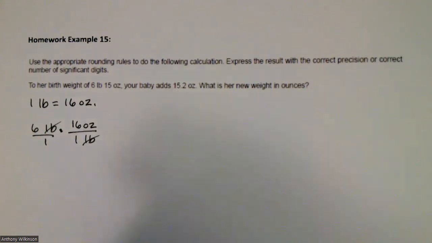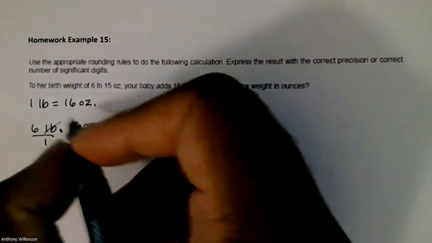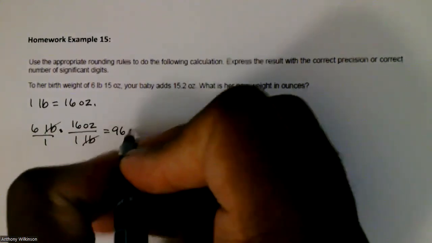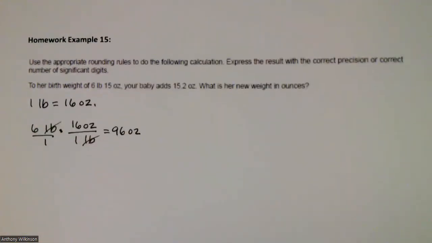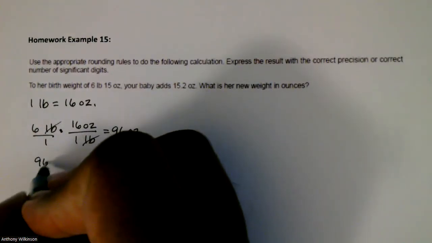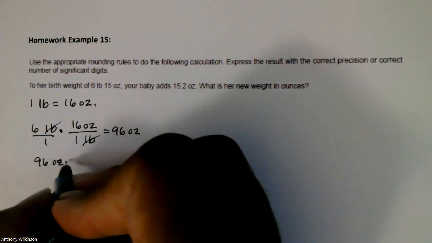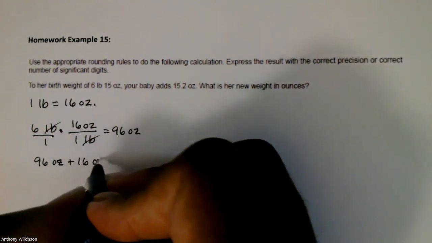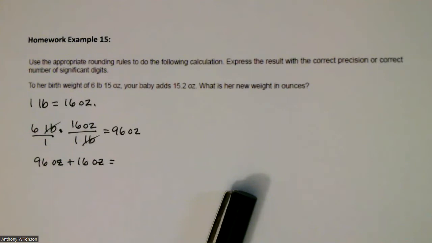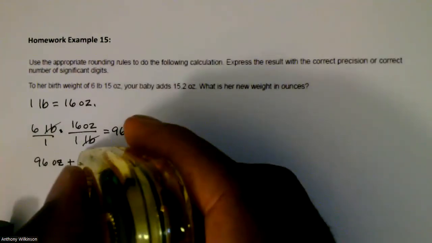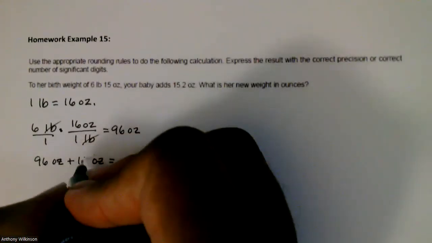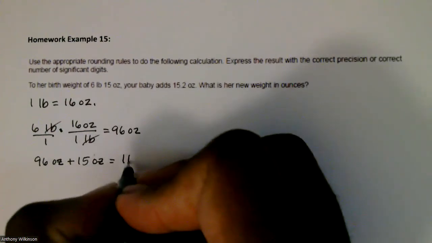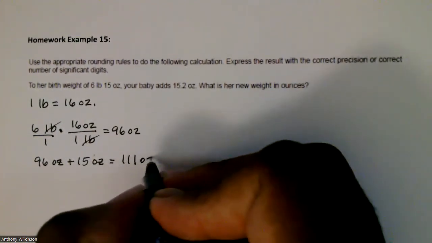Here you see the pounds divide out. 6 times 16 is 96, so you have 96 ounces. But we've got the 15 ounces there, so 96 ounces plus 15 ounces is 111 ounces.